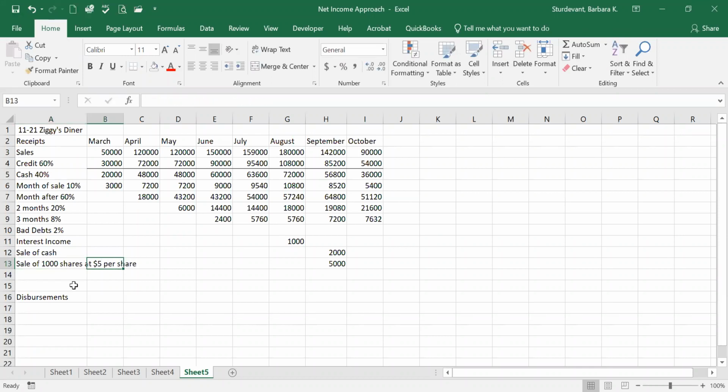Everybody okay with that? It's all about cash received. Back to the dreaded cash flows, cash received. All right, that takes care of the first paragraph.